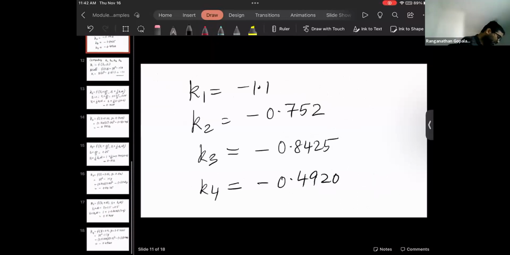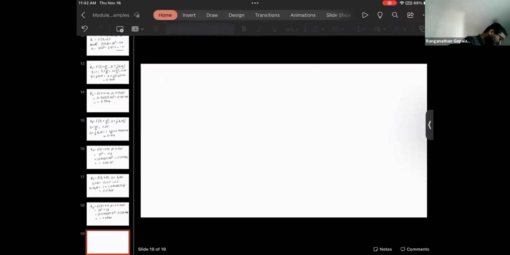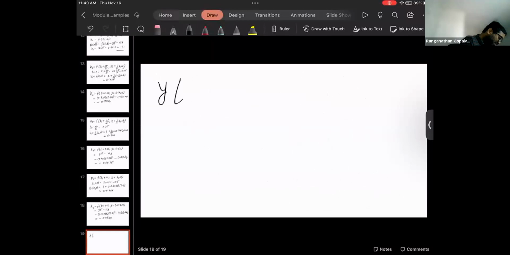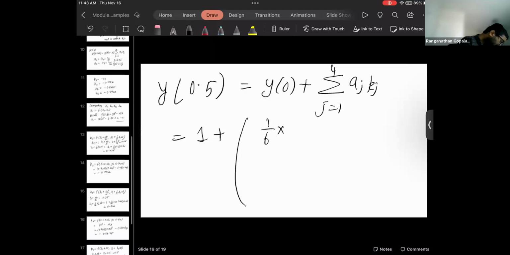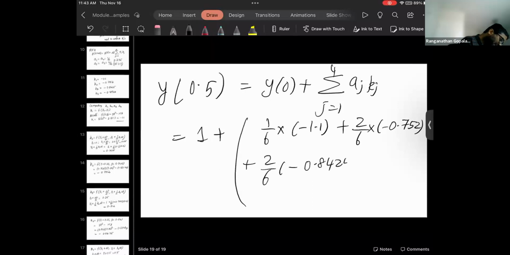So now I can add another slide and compute Y at 0.5 seconds, which is Y at 0 plus summation J equals 1 to 4 of AJ KJ, which is 1 plus, AJ is 1 over 6 multiplied by minus 1.1 plus 2 over 6 multiplied by minus 0.752 plus 2 over 6 multiplied by minus 0.8425 plus 1 over 6 multiplied by minus 0.4920.